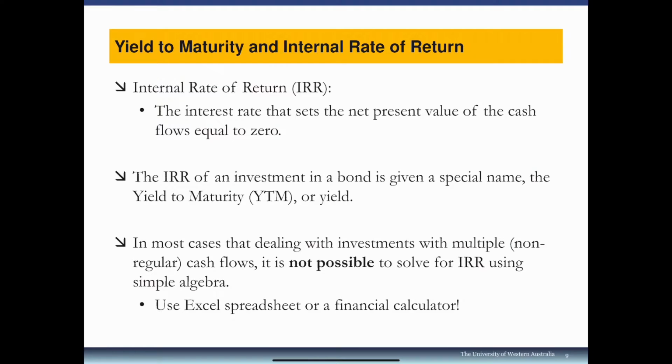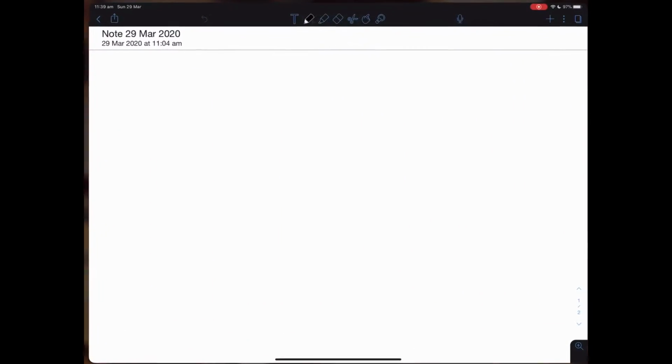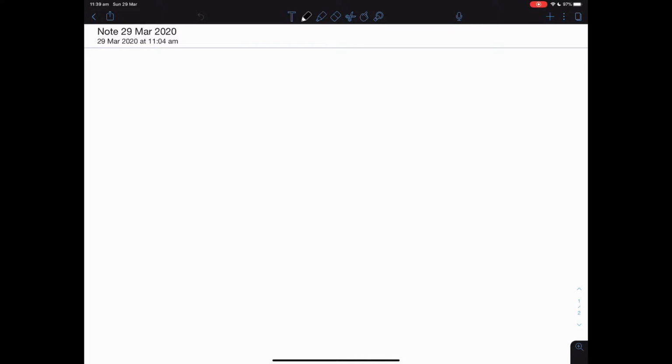So let me just stress this concept again. Say, face value over 1 plus yield to maturity to the power of n, minus price, equals 0. Because if you think about the previous example, this is the price you paid and you get this money back.